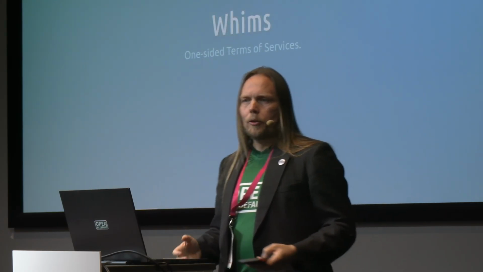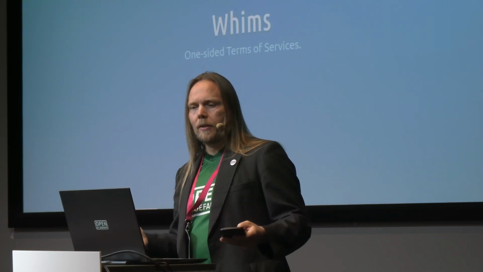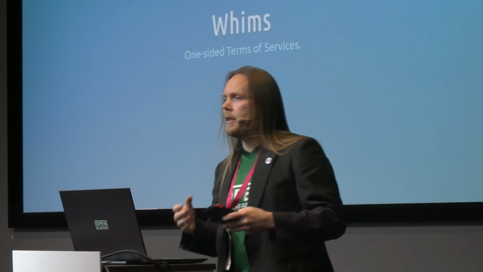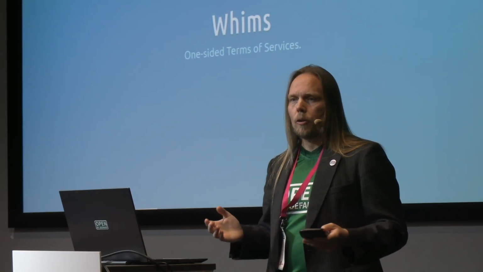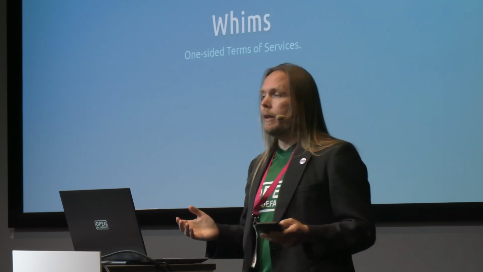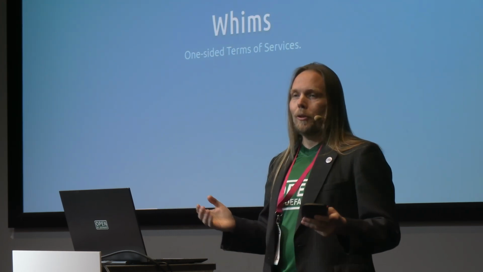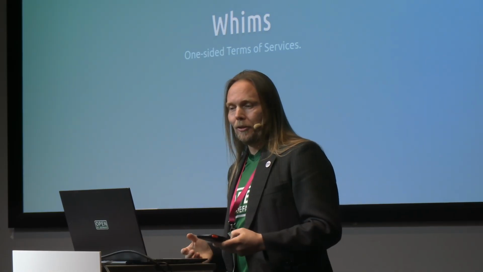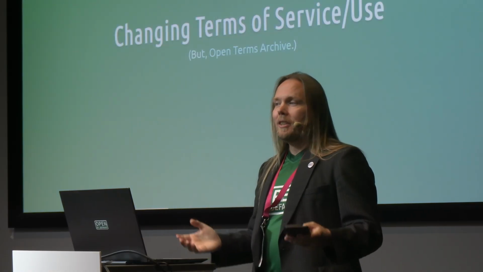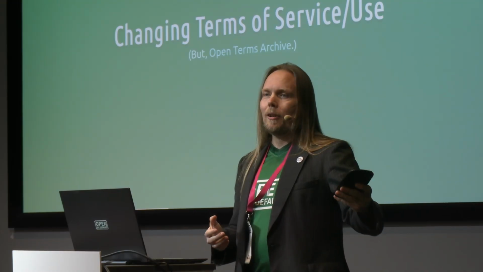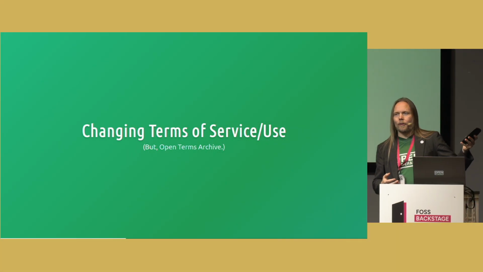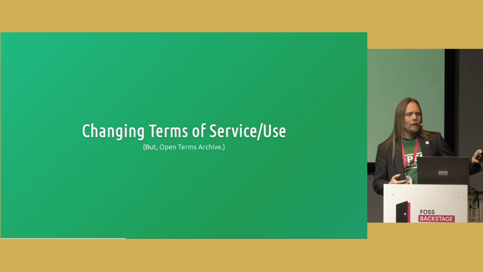You might also be up to the whims of a service. We have seen a couple of very one-sided terms of service where they say, we can terminate your contract or your service anytime. We don't even need to give you a reason. So every day you wake up, you should be happy that you still get to use it. But we also see a lot of changing terms of service. Maybe you're picking a project that feels, oh, this actually looks okay today, or this looks ethical.